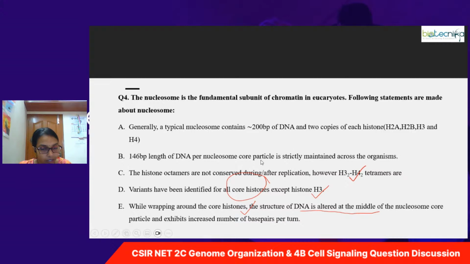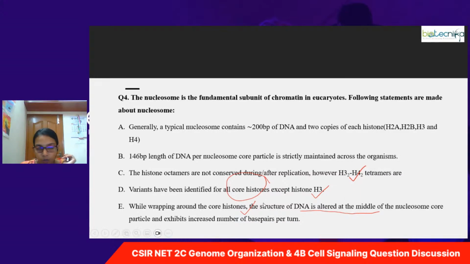Try on this question. Very interesting question. I think many of you will be able to correlate it with what I discussed previously. The basic nucleosome organization. These kind of questions you can expect in the exam.